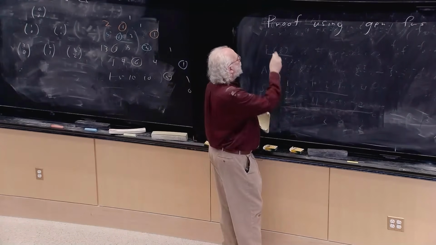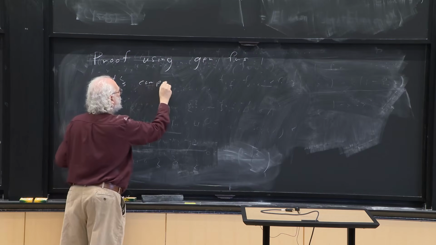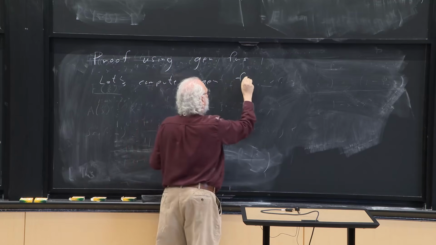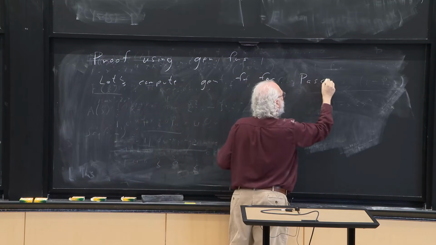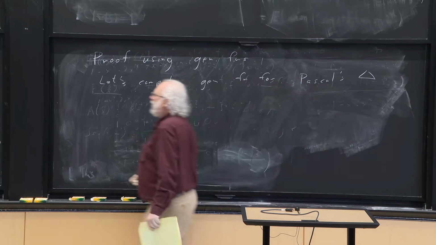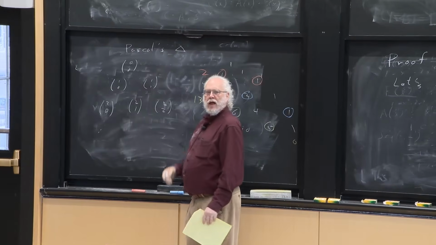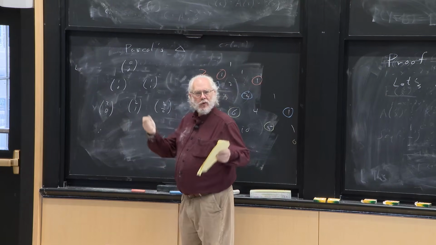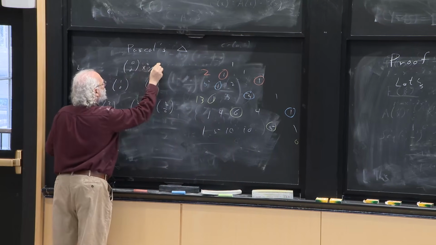Well, first, let's compute the generating function for Pascal's triangle. Now, this is a 2-dimensional array of numbers, so we're going to need 2 variables to do this. And we'll call this x to the 0, y to the 0.